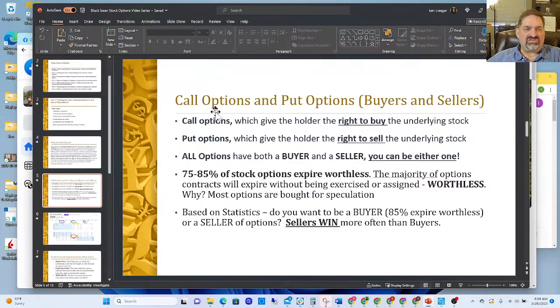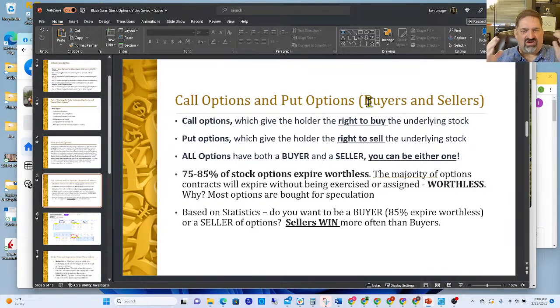Okay, so call options and put options. For a call option, you have buyers and sellers, and for put options, you have buyers and sellers. The call option itself is the right to purchase. The put option is the right to sell the underlying stock for which the stock option contract is for.